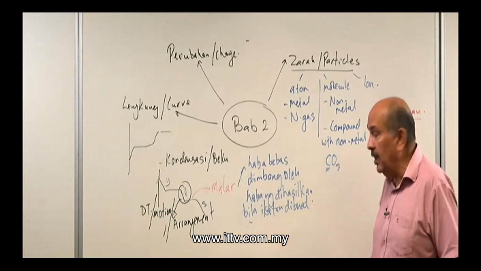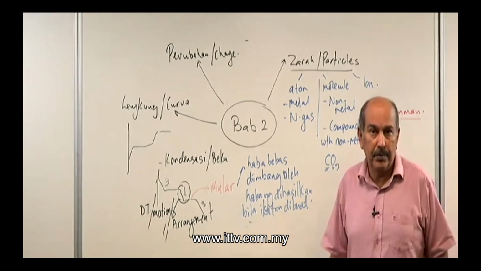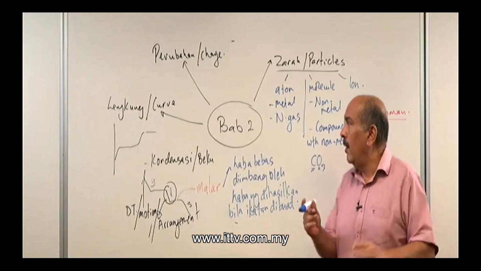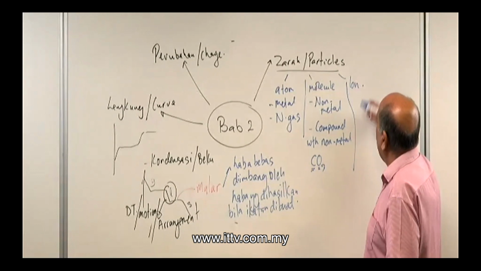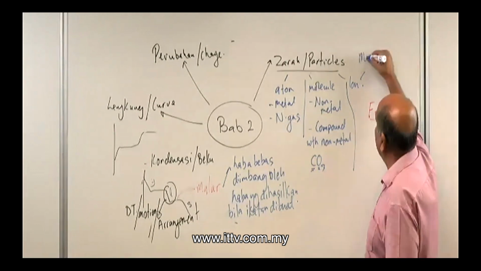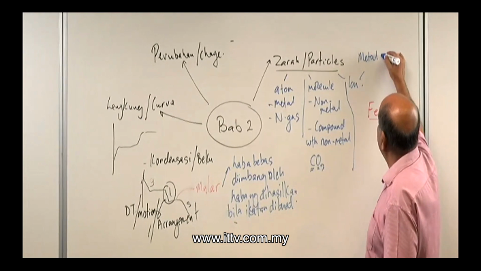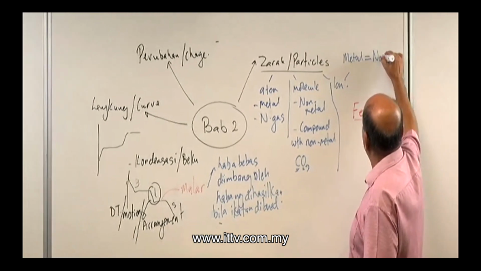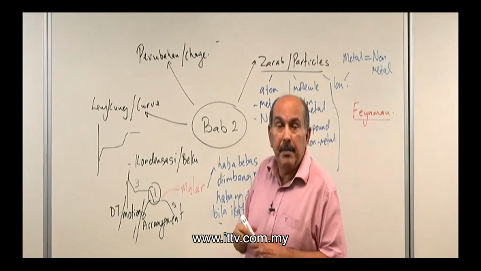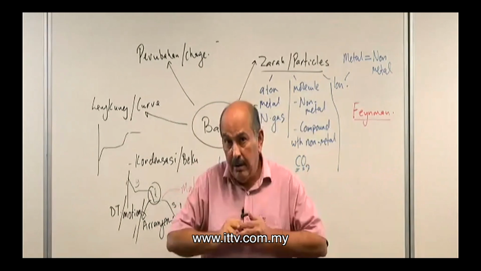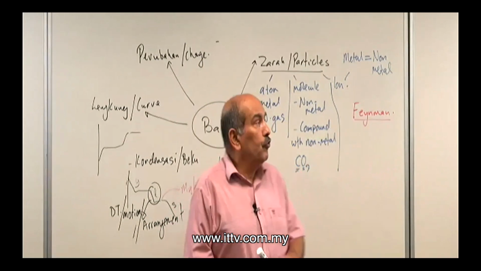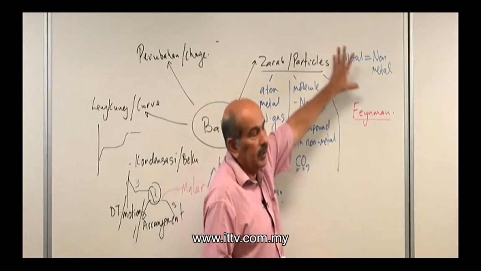Carbon is non-metal, oxygen also is non-metal. Do you understand what I'm saying? Okay. And ion. Ion must be when in the compound a metal is joined with a non-metal, where the metal will become the positive ion and the non-metal will become the negative ion. So you got to know this.